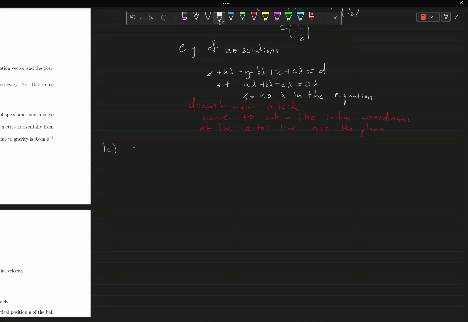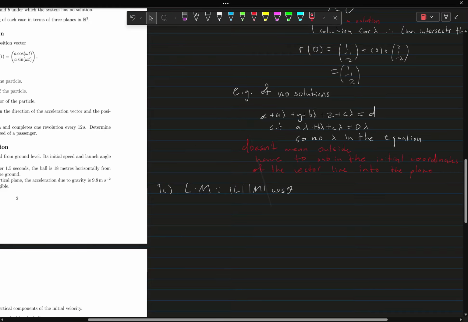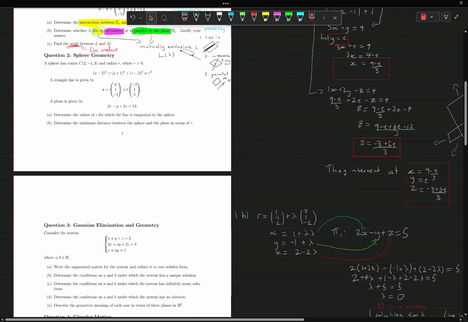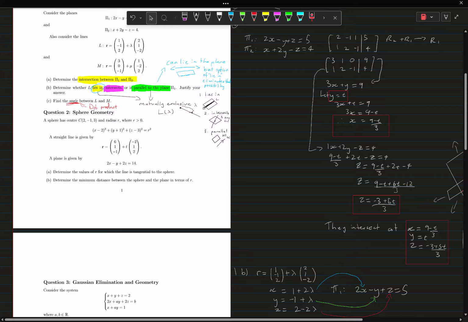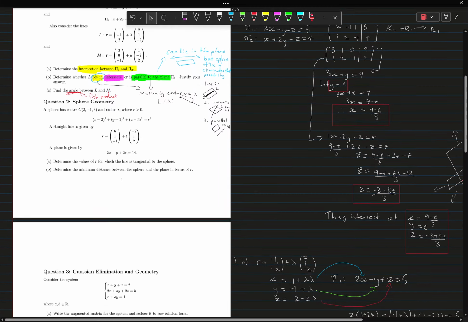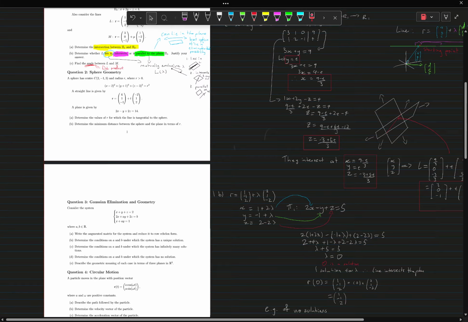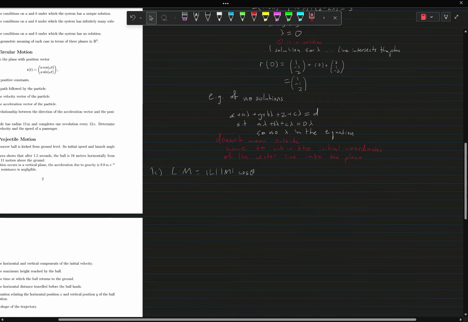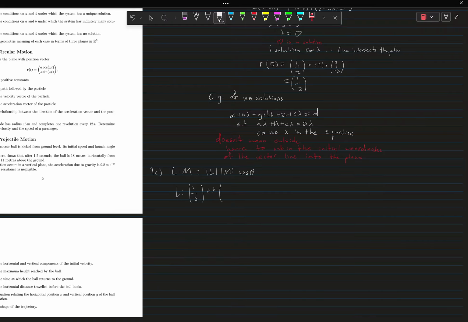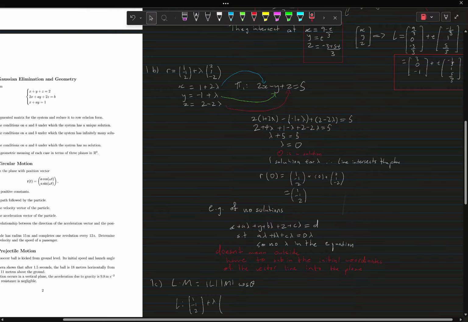So we have L dot M equals magnitude of L, magnitude of M, cos theta. Now, our equation for L is -1, -1, 2 plus lambda, and it was 2, 1, -2.